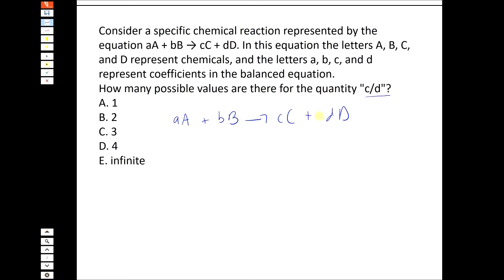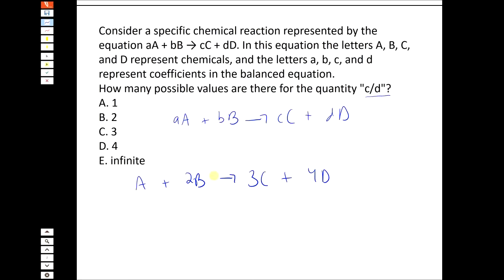As an example, sometimes it's easier to just put real numbers on this. Let's assume that the correct way to balance this was A plus 2B goes to 3C plus 4D. Let's say that that's the correct balancing.